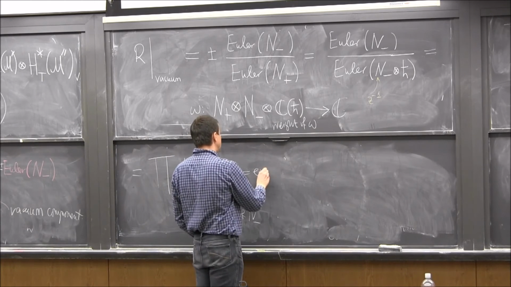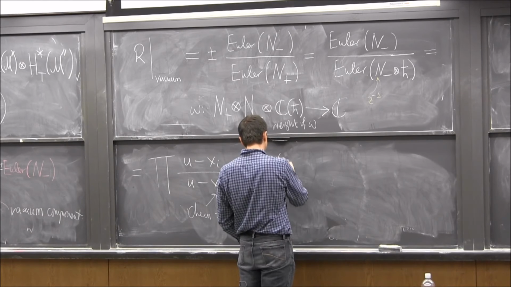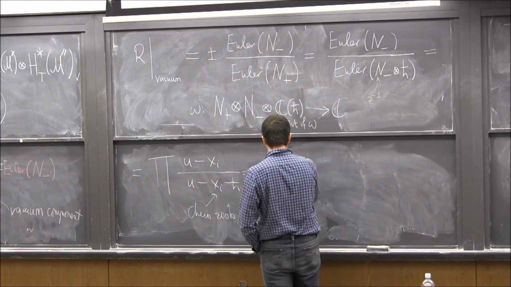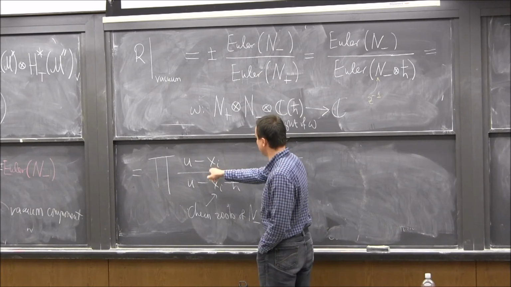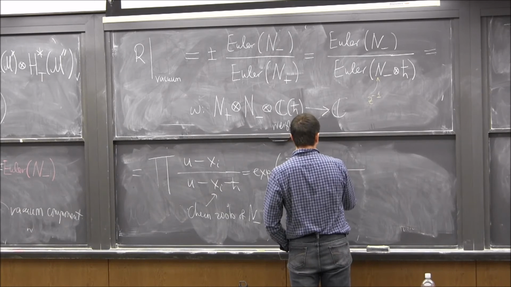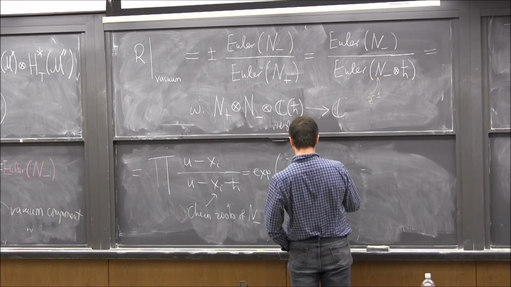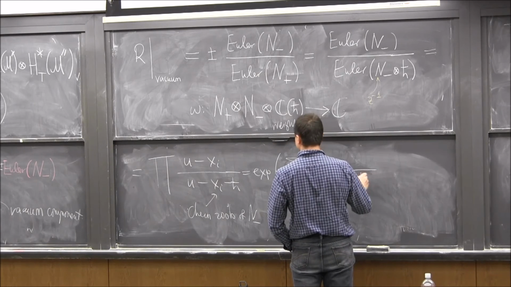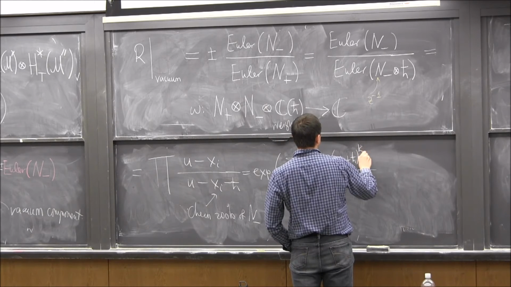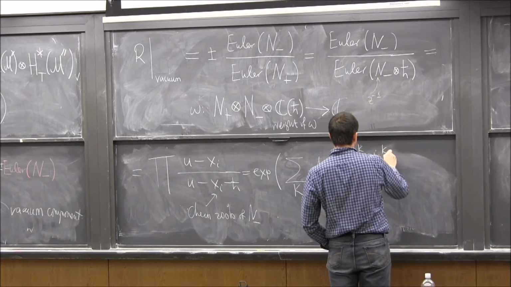This is the exponential of a sum of logs. The summation over k, I take the log of this, and the log of this will come to be 1 over k, k x bar plus h bar k minus k.